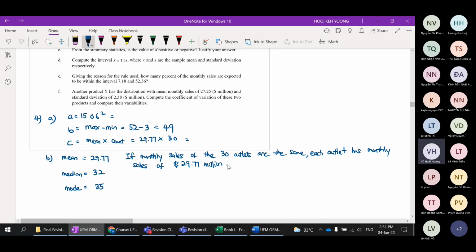How about median? Just now I told you median is the center of the data, so it is located at the 50th percentile, right? So you would say 50% of the 30 outlets have monthly sales less than your median, which is $32 million.